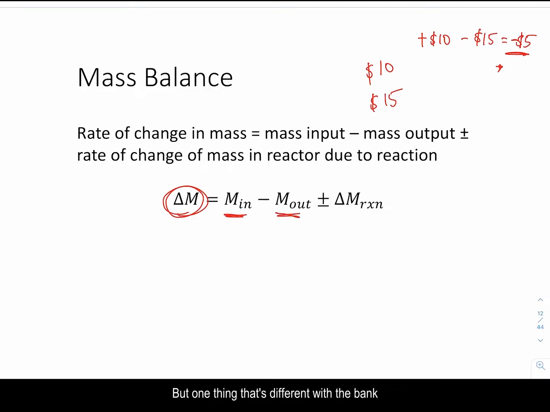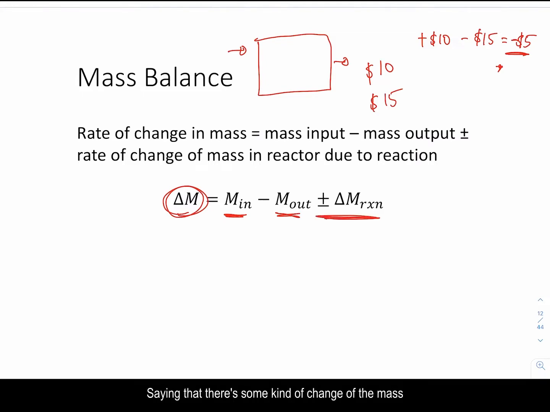But one thing that's different from the bank is that because we are introducing it as a reactor, even within that bank account or reactor, the reactions may happen, meaning that the mass might change within there. So we are actually introducing one more concept here, saying that there's some kind of change of the mass due to the reaction within the reactor.